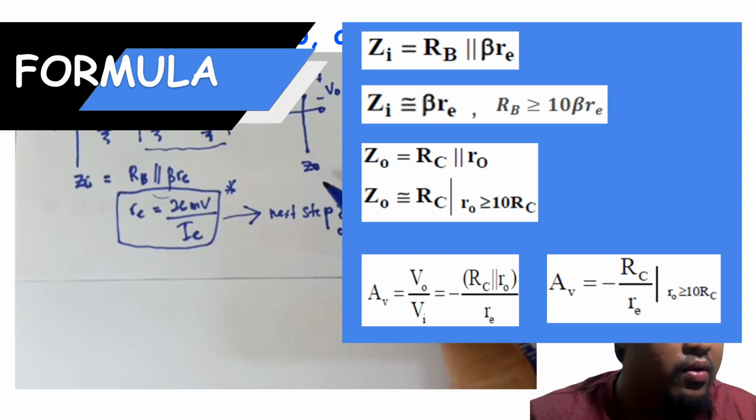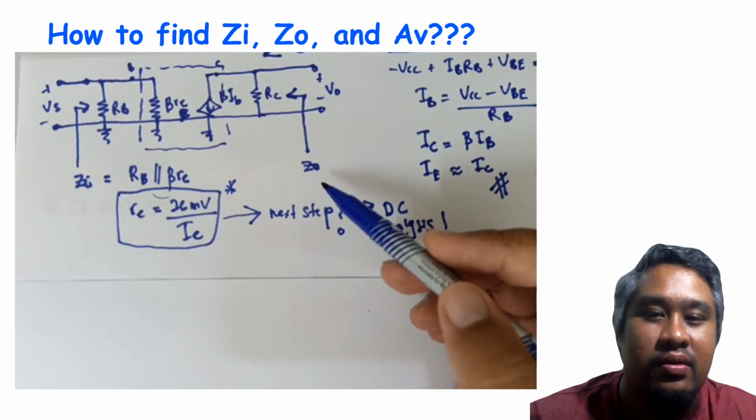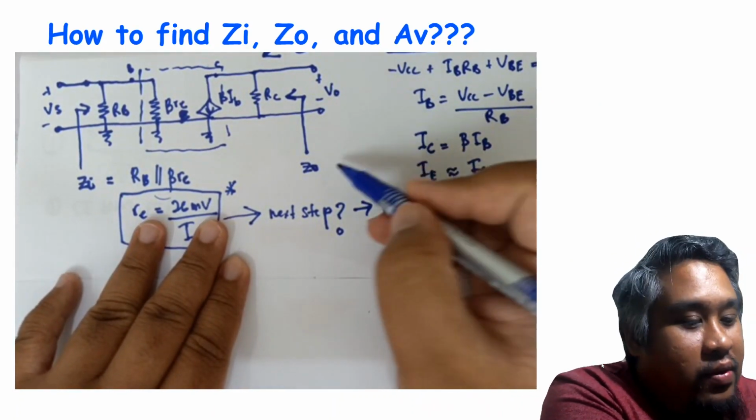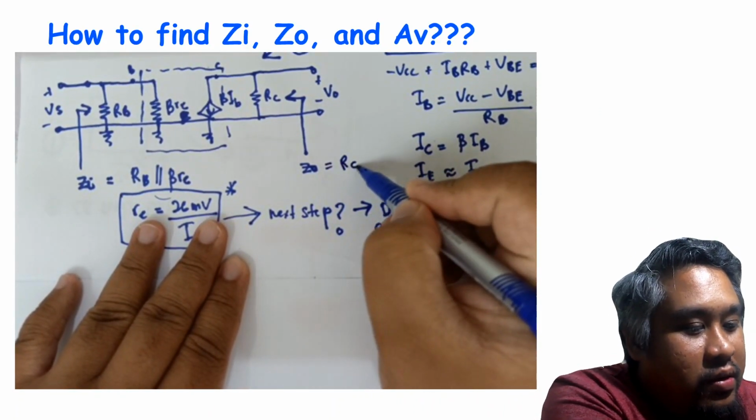Let's assume that RB is greater than or equal to 10 times beta RE, and our R out is greater than or equal to 10 RC. So we can use Z out equal to RC. Simple thing.